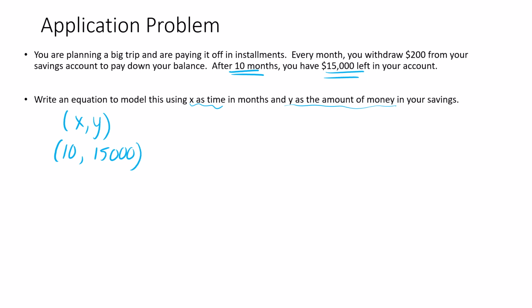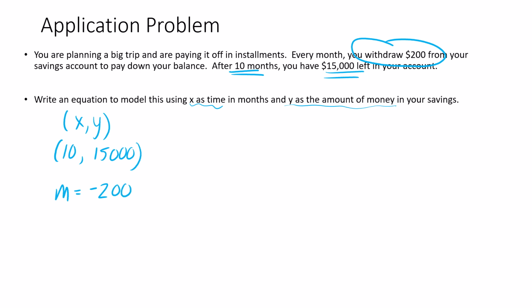And now we need to know what the slope is. Well, slope is your rate of change. It's how fast is the amount of money in your savings account changing. And if you can remember that definition of slope as the rate of change, then it gives you an idea of what you're looking for when you are looking for your slope. So you're looking for how fast is the money going down, and that would be this piece of information right here. You withdraw 200 from your account, so your slope would be negative 200.